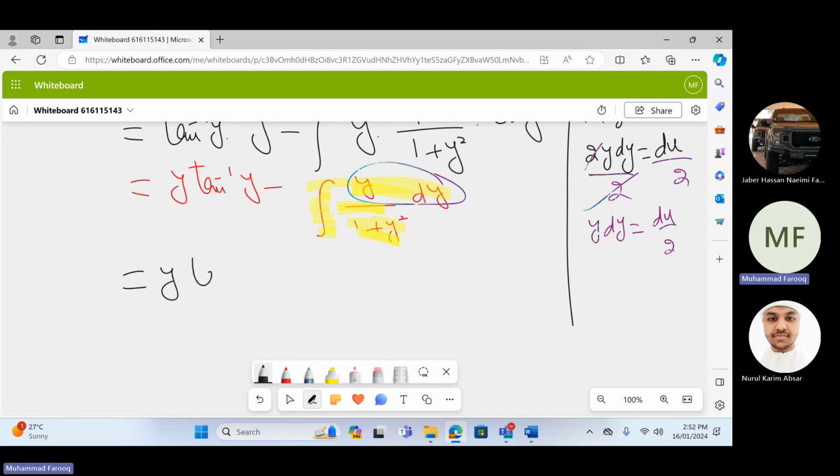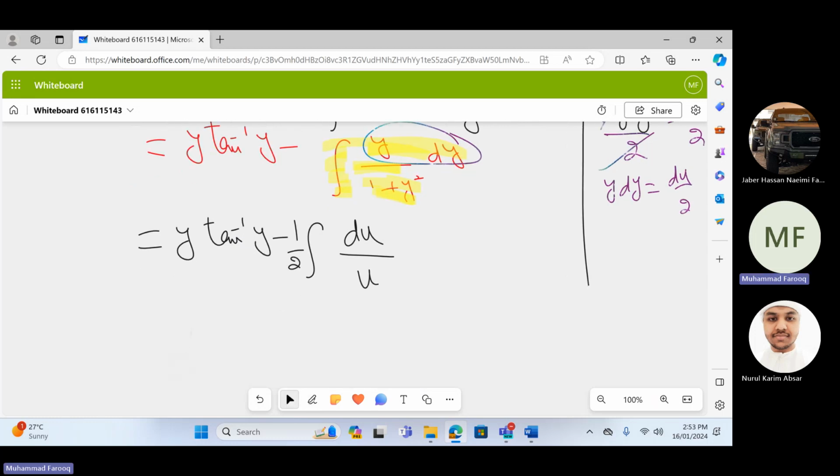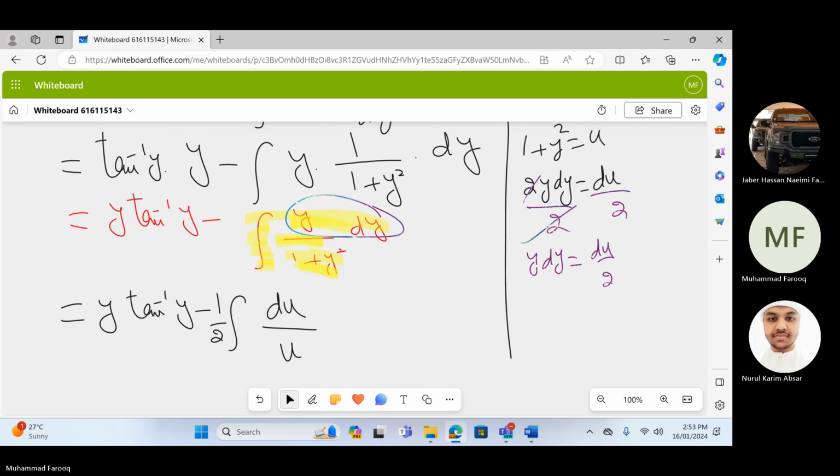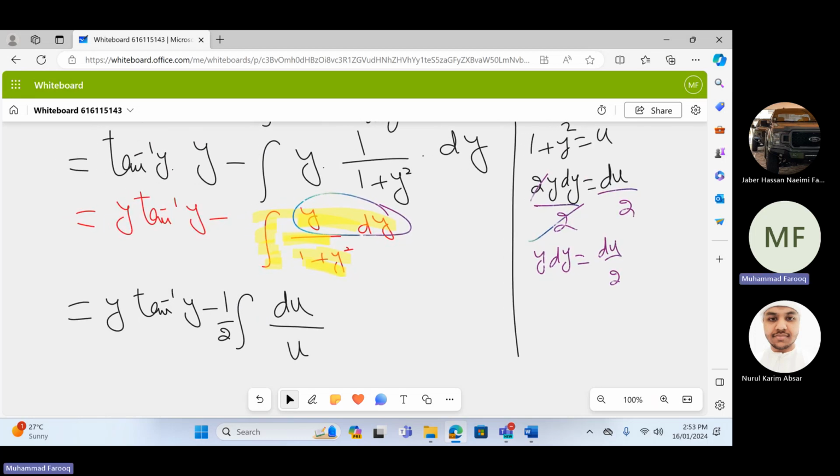So y tan inverse y minus the integral of du divided by 1 plus y squared, which is u. Now tell me how much is du by u? It is 1 by 2, because 1 plus y squared is u, and its derivative is 2y dy.